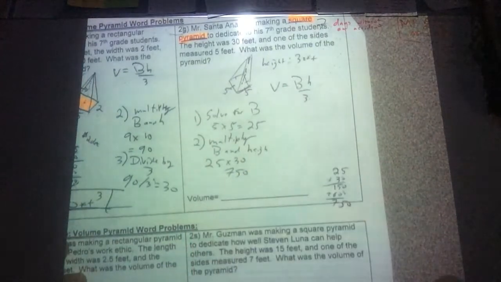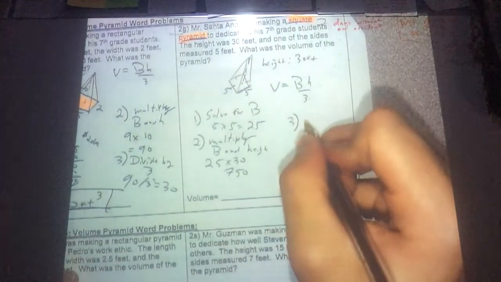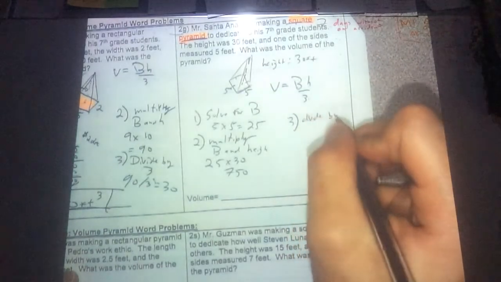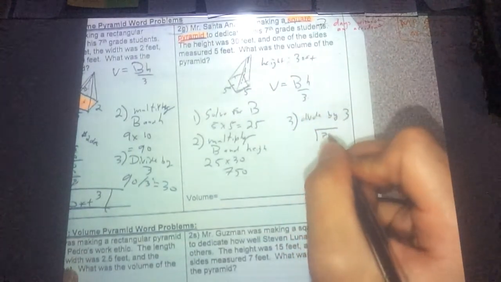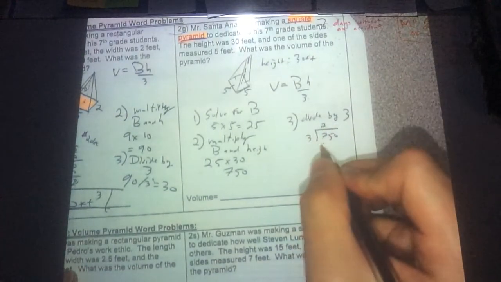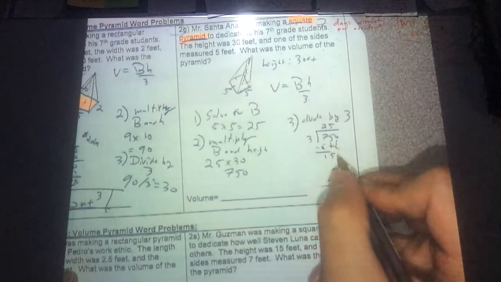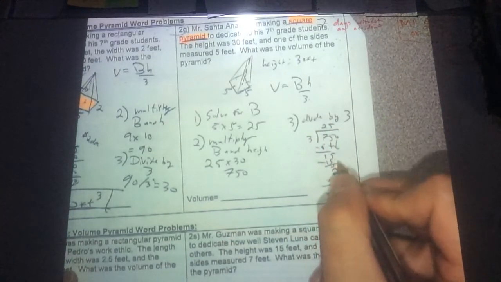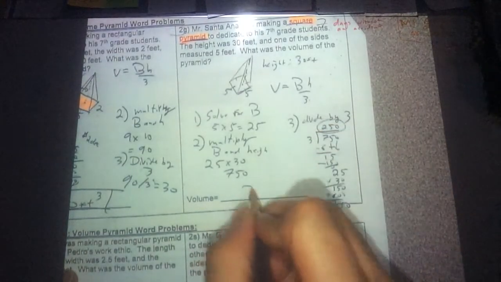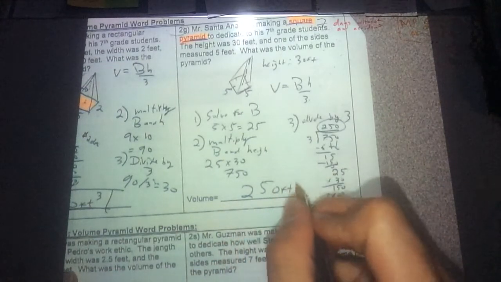That's 750. Now, last step, we're going to divide by 3. So 750 divided by 3. 3 goes into 7 2 times. That's 6 and 5 and 250. So the answer is 250 feet cubed.